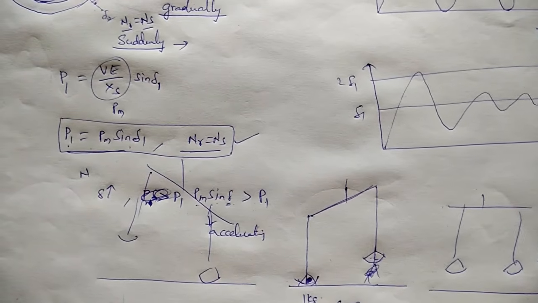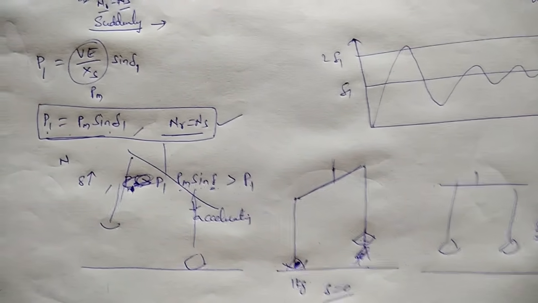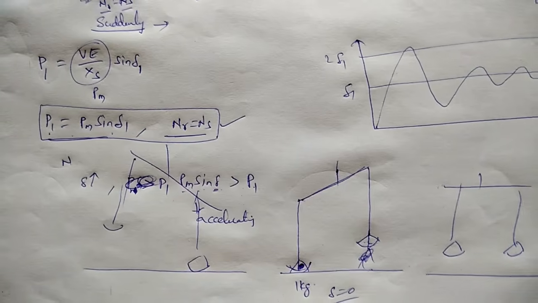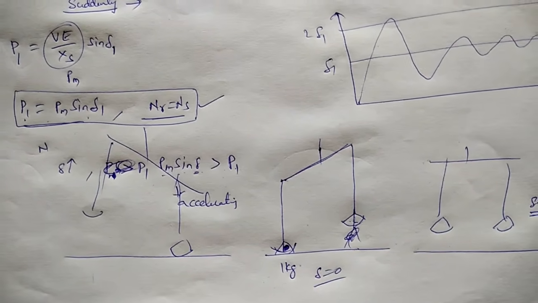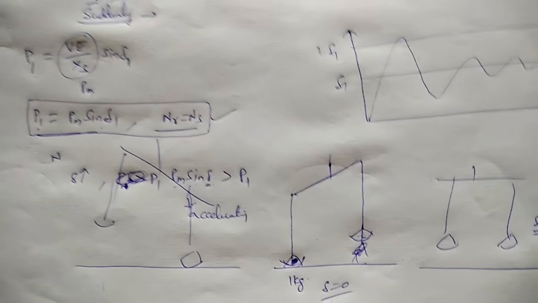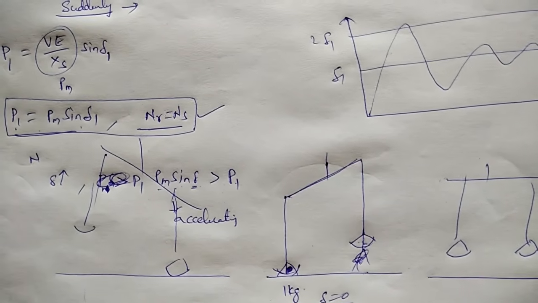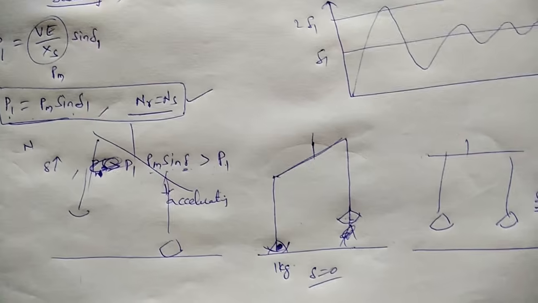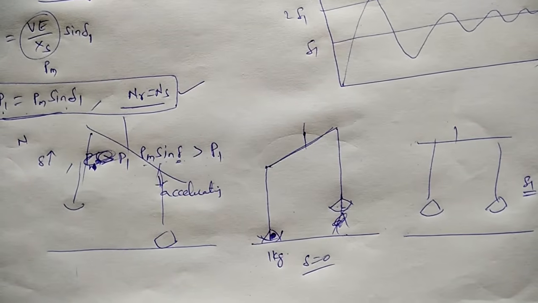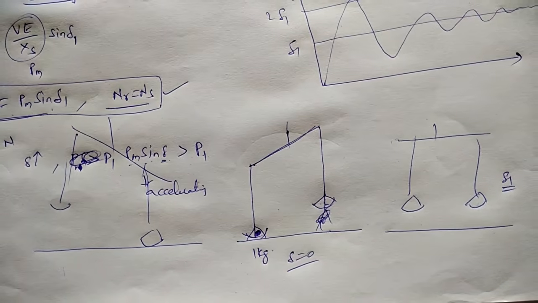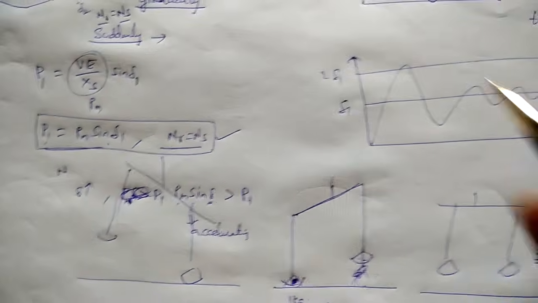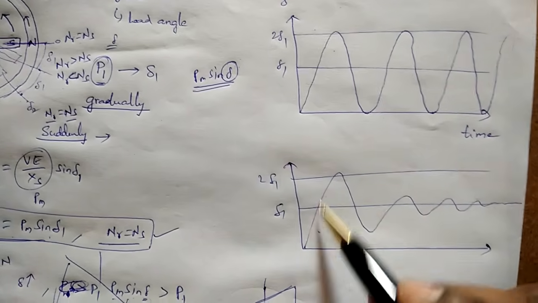Generally in all physical systems, why did this come like this?